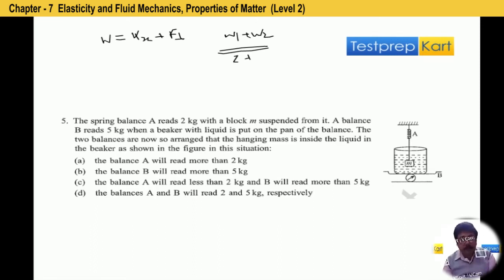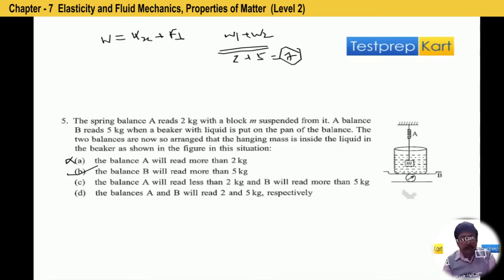It is a 2 kg and a 5 kg, so 7 kg. So balance A will need more than 2 kg? It cannot be more than 2 kg, so that should not be it. The balance B will read more than 5 kg, it is true.